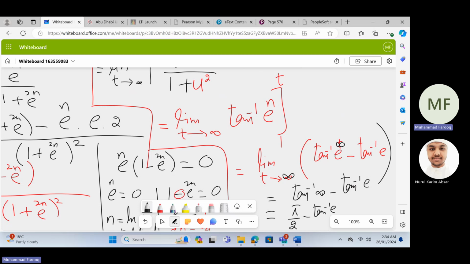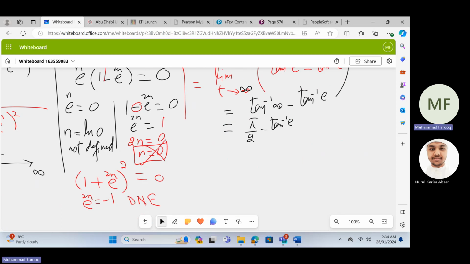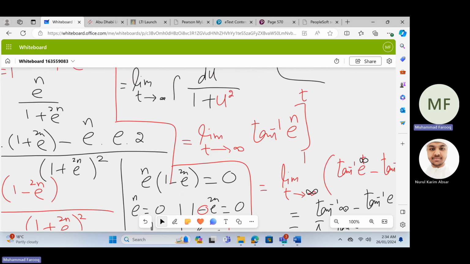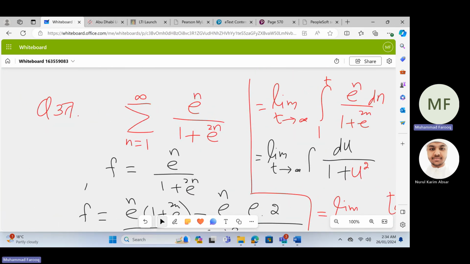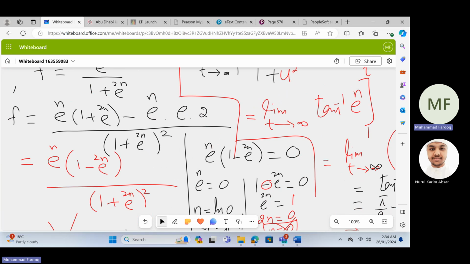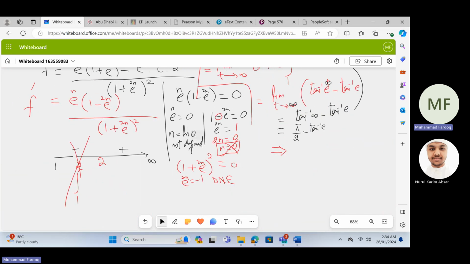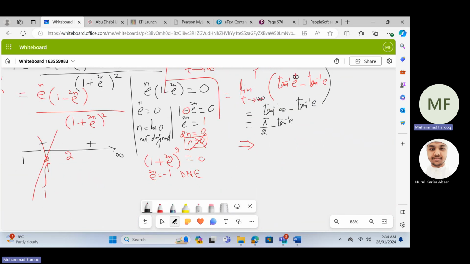This is our answer. Is the answer a finite number or infinity? Finite number: pi by 2 minus tan inverse e. Tan inverse e is a finite number. So does it converge or diverge? Converge. Very good. This implies that the series in question 37 converges, because its integration answer is a finite number.